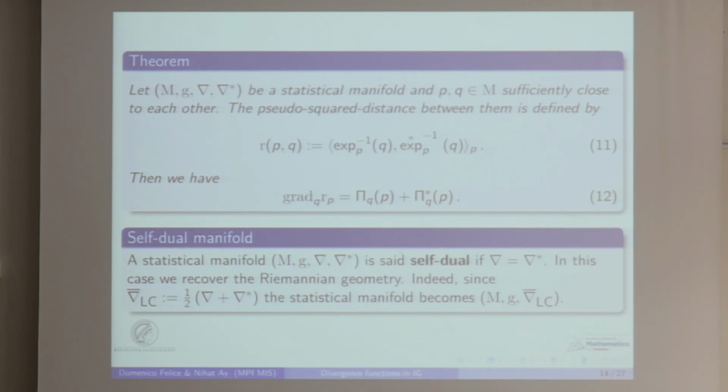So this is the generalization of the Riemannian result that follows from the Gauss lemma to the setting of information geometry. So we aim to consider these 2 vectors, pi and pi star, in order to define this new canonical divergence. Let us first see if this theory is consistent with the Riemannian case.